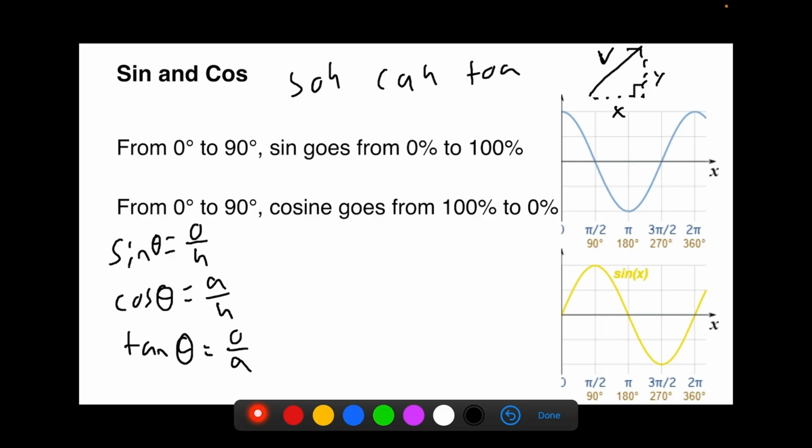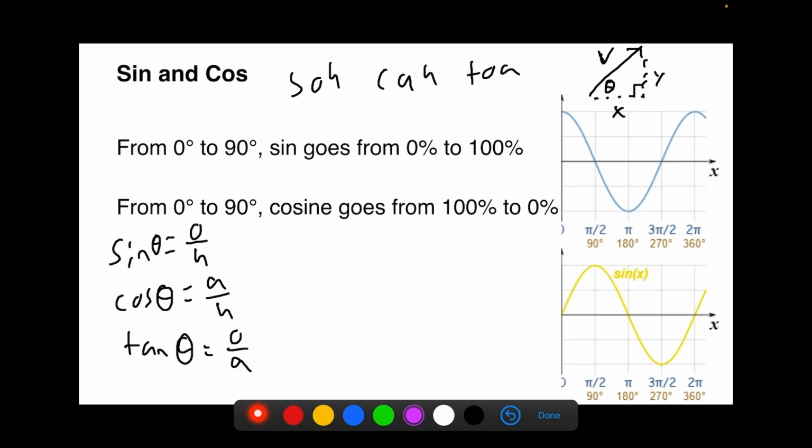Here we have SOHCAHTOA. Based on the angle we're looking at, we can use a different trig function to determine our components. If my angle theta is here, cosine will be the adjacent side over the hypotenuse. The hypotenuse is this long one, which is going to be our vector. Adjacent and opposite are determined by which line touches this angle. So the adjacent side touches the angle.